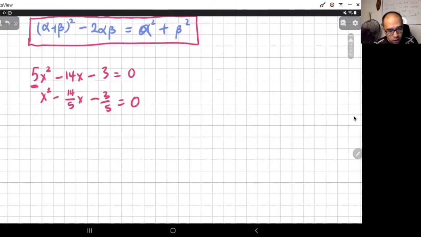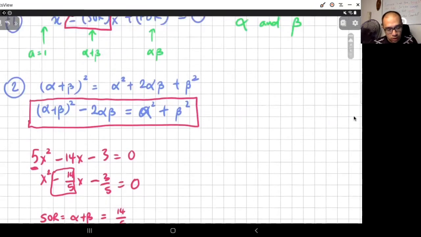And so your sum of roots, which is alpha plus beta, is equals to 14 over 5. It has to be a different sign from this. If the number you see here is negative 14 over 5, the sum of roots will be the opposite.